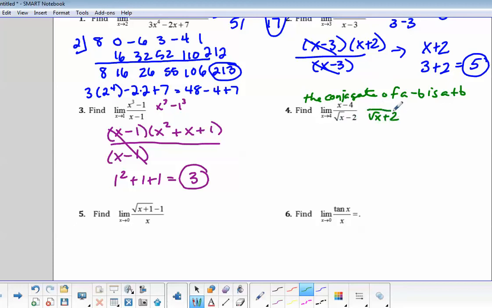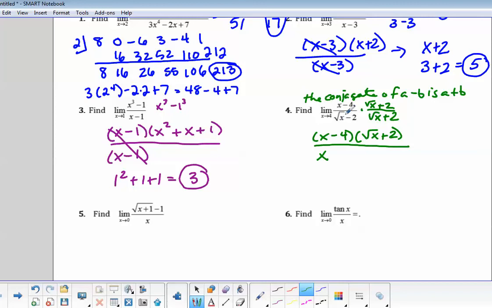And I'm allowed to multiply that in the denominator if I also multiply it in the numerator, because essentially I'm just multiplying the whole fraction by 1. I haven't changed anything. So in my numerator, I'm going to have x minus 4 and root x plus 2.